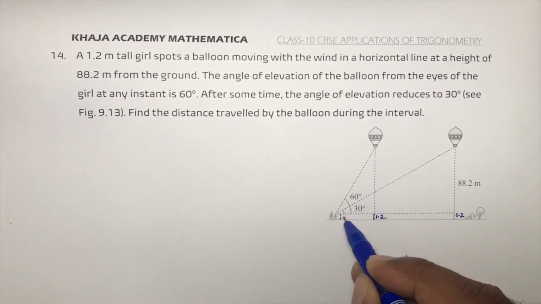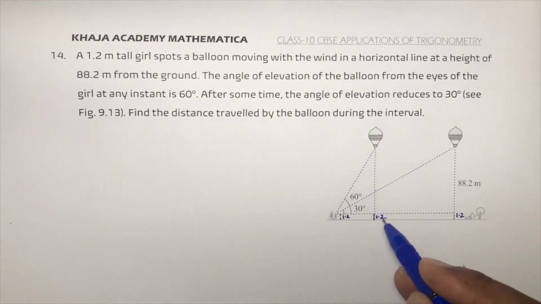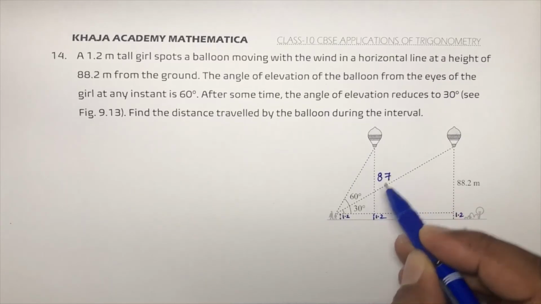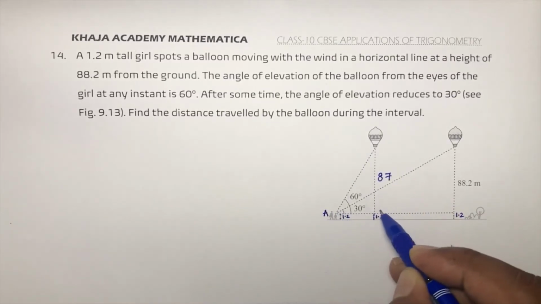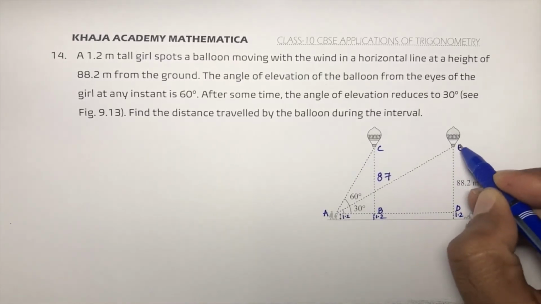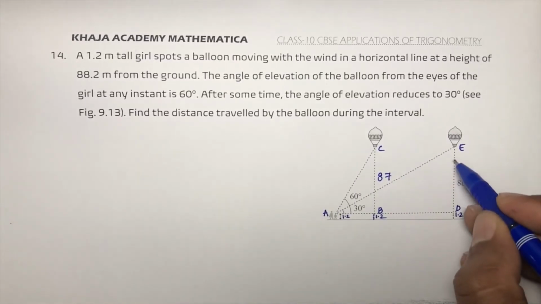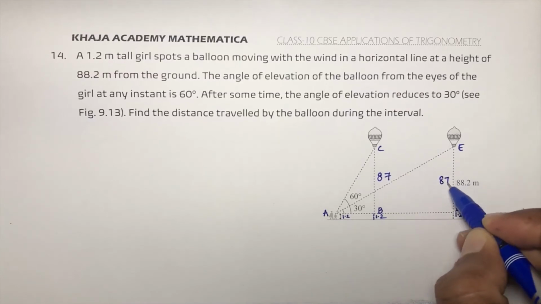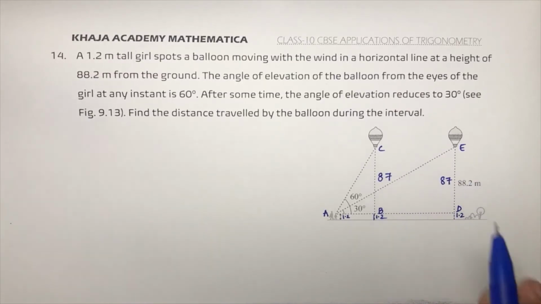So if we take out 1.2 from 88.2, we'll get 87. So this position will be A, B, C, D, E. So now ED will be 87 because I am subtracting 1.2 from it.